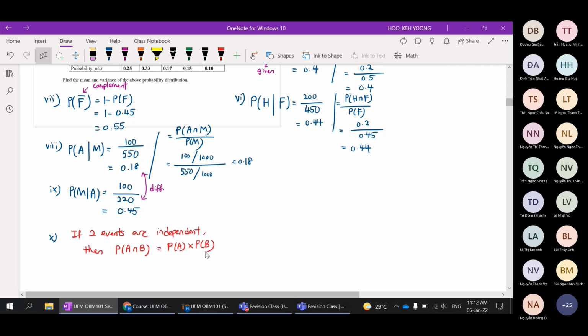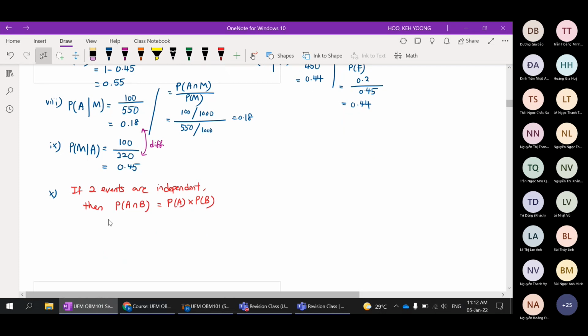This is the first way. Or the second way, the conditional probability A given B is equal to A.